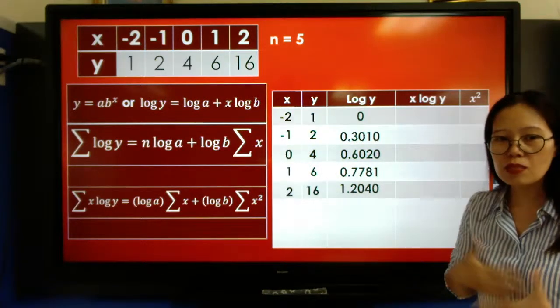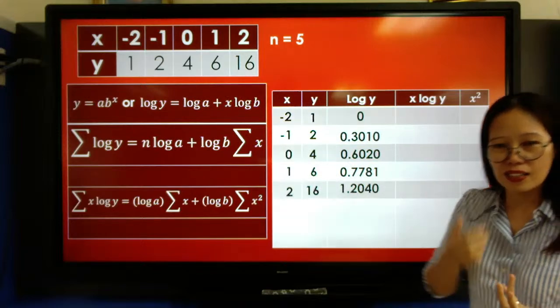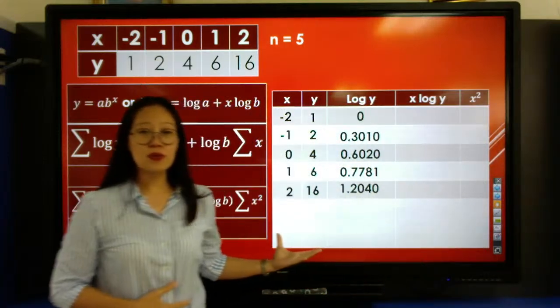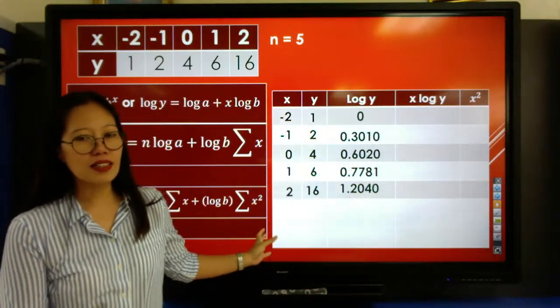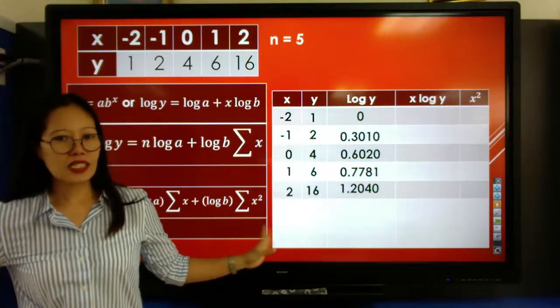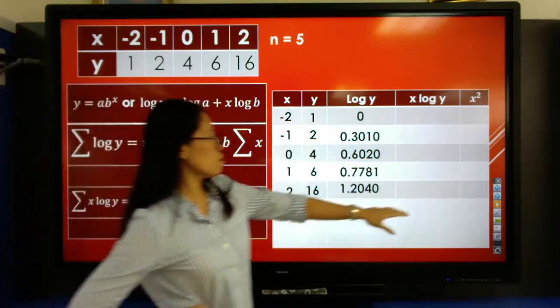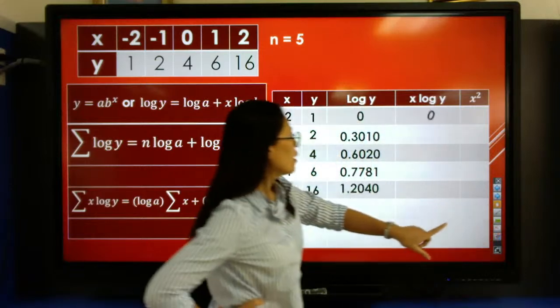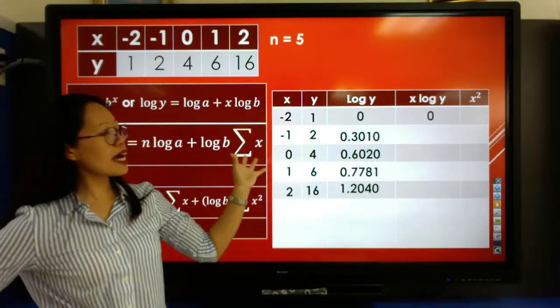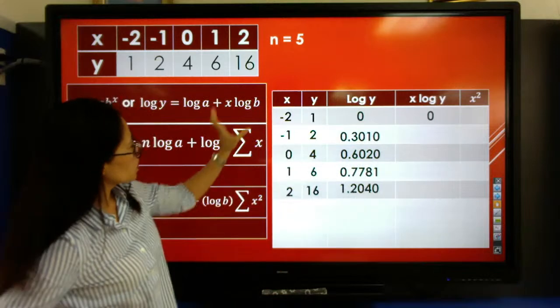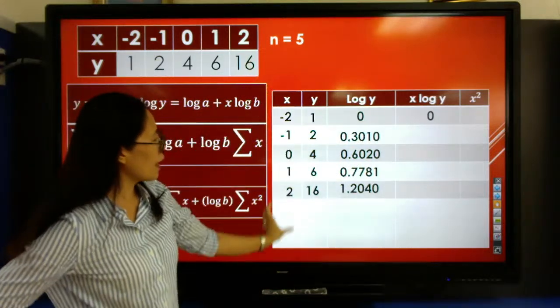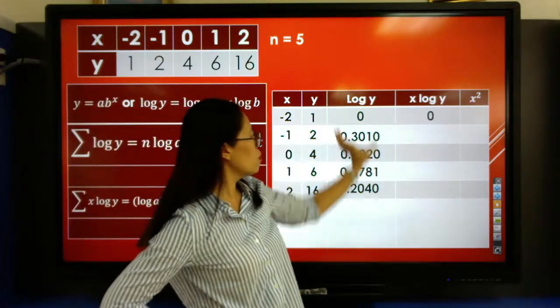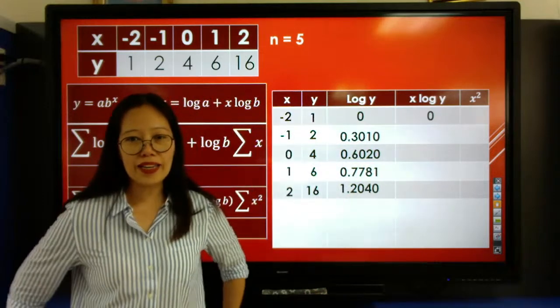1.2040. So I'm speaking a little bit fast, because this is our review, right? We're done already with this lesson from last meeting. So we're just recalling. And then the column of x times the logarithm of y: all we do is multiply the column of x times the column of logarithm of y.